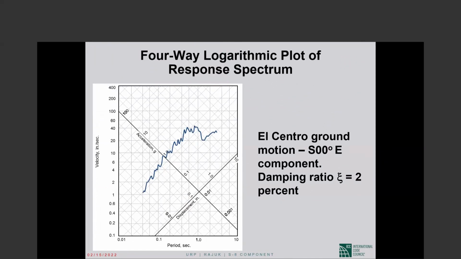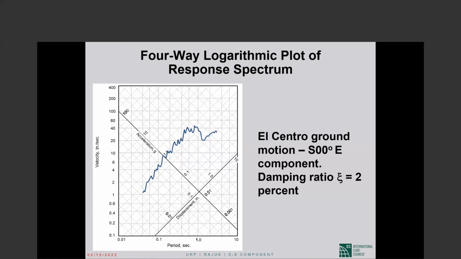Now, Professor Newmark, many years ago, came up with the idea of putting all three plots on the same piece of paper. So this can be done. Okay, so follow me closely. On this kind of a tripartite plot, as we call it, the period or the frequency is on the x-axis.